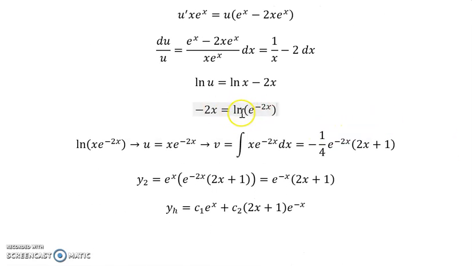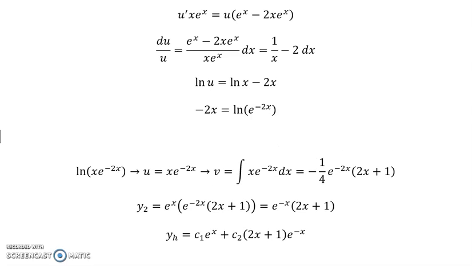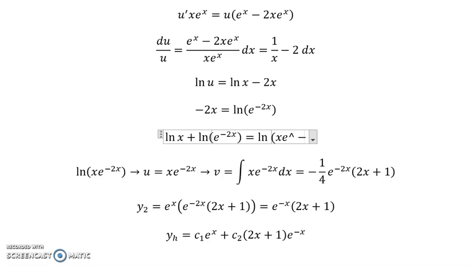Because e and natural log will cancel. And so when I end up with an expression that says ln x plus ln e to the negative 2x, I can combine those logs using the multiplication rule for logs and get x e to the negative 2x.